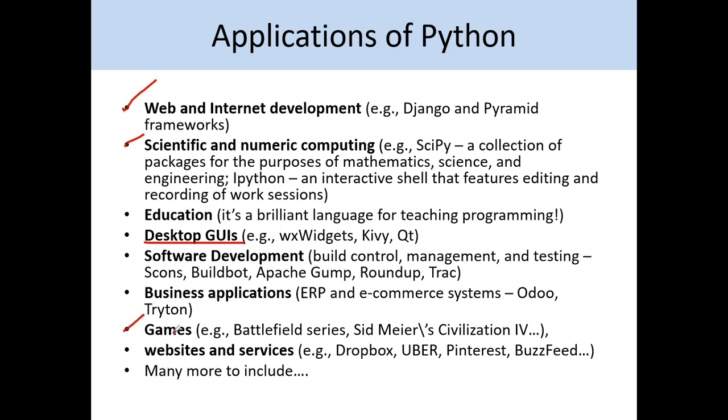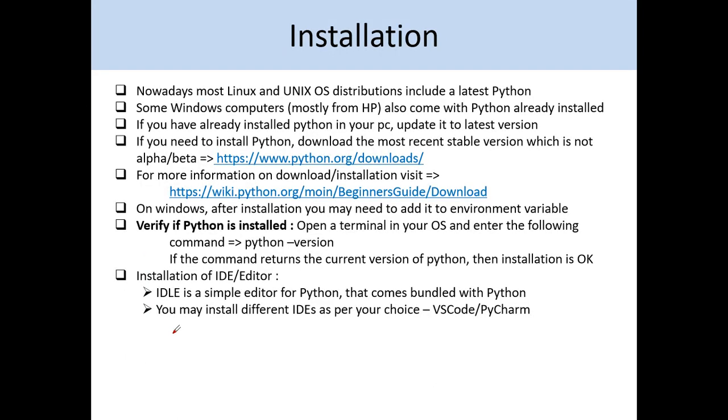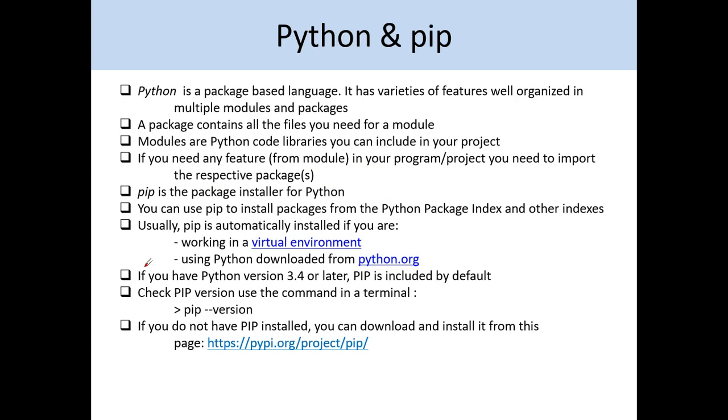So many things you can do with Python. The next part here is the link of the site where you can get help for Python. So installation, we have already done the installation.